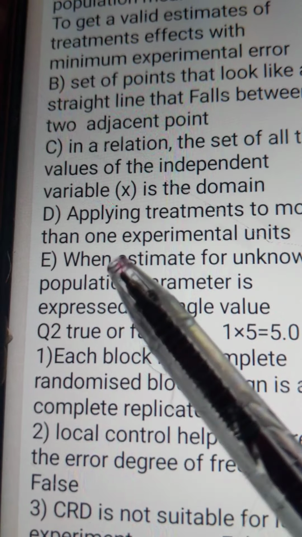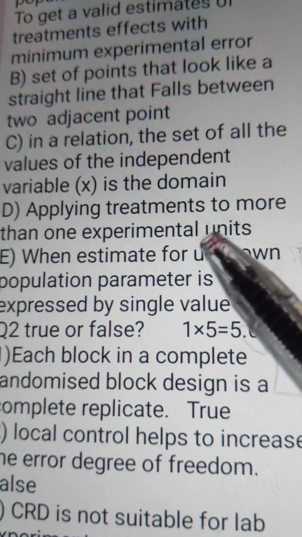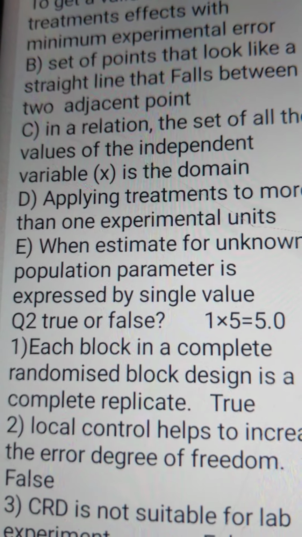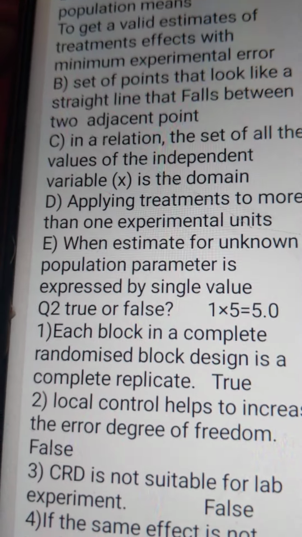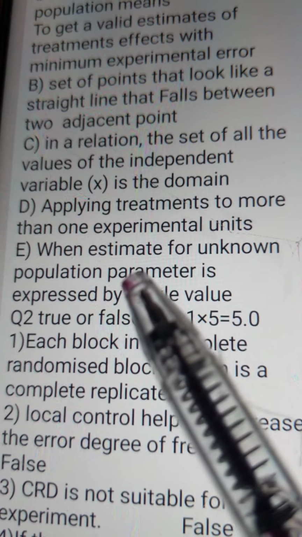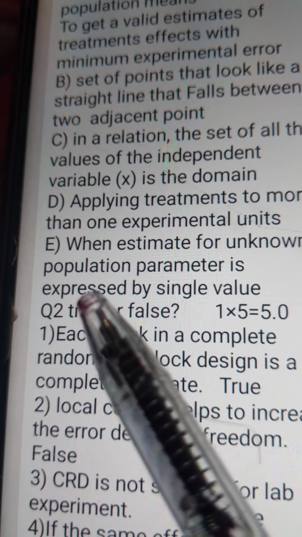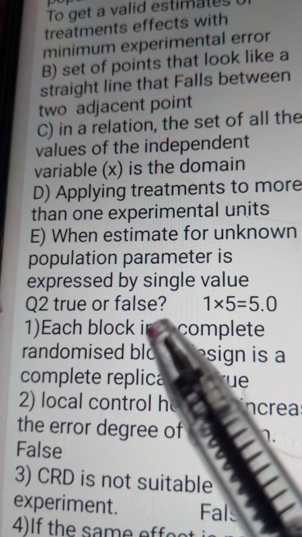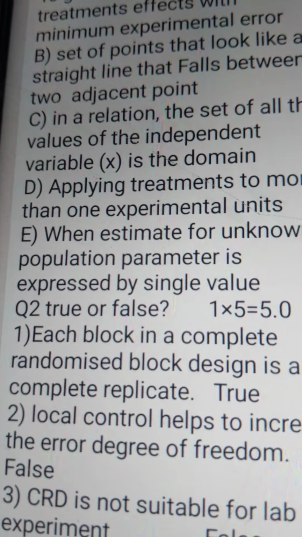Next, what is replication? Applying treatments to more than one experimental unit is called replication. And the last one, what is a point estimate? When an estimate for an unknown population parameter is expressed by a single value, it's called a point estimate.